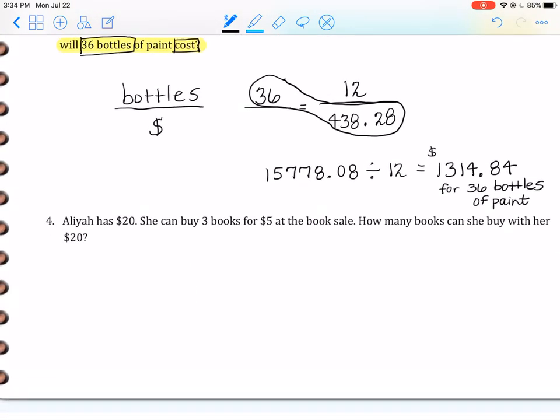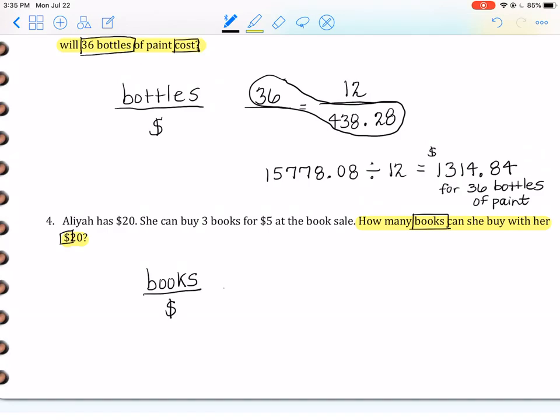Aaliyah has $20. She can buy 3 books for $5 at the book sale. How many books can she buy with her $20? Look for your units, books and dollars, and go ahead and set that up.